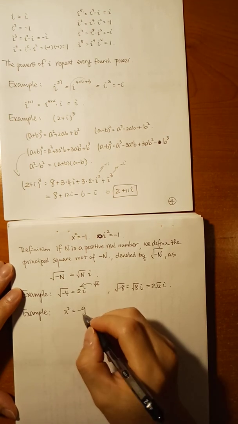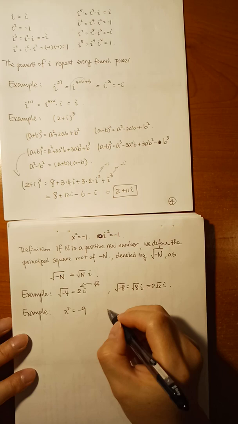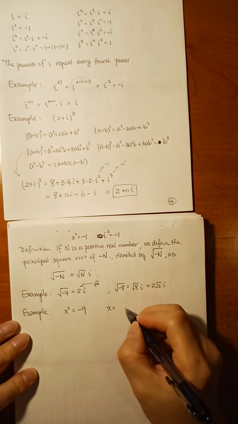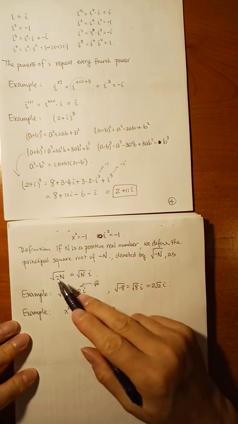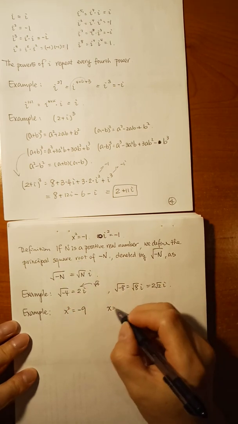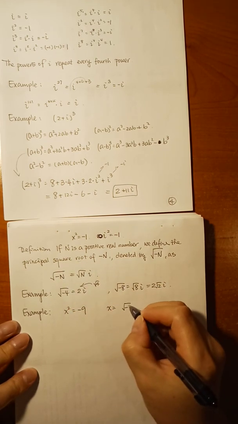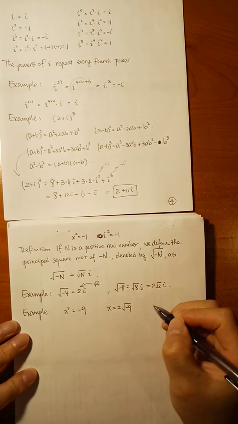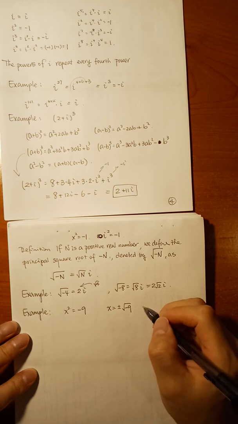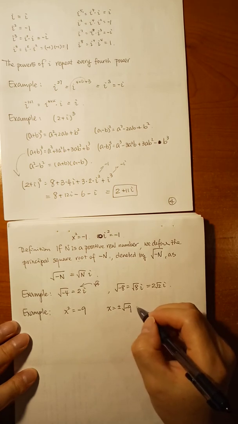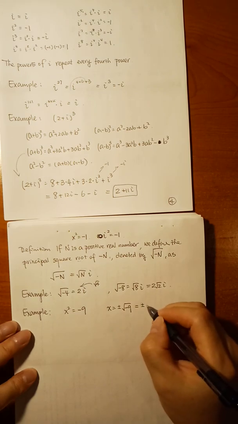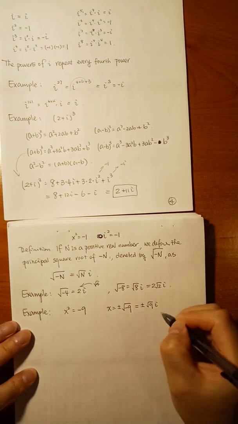Then x is, first we get the principal square root: we take the square root of negative 9. Whenever you have a principal square root, you put plus or minus. Based on our formula, it is plus or minus square root of 9 times i.